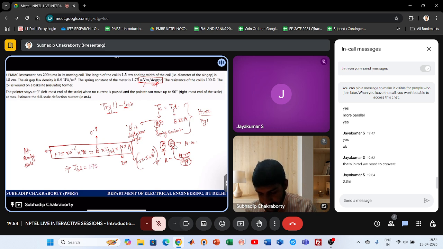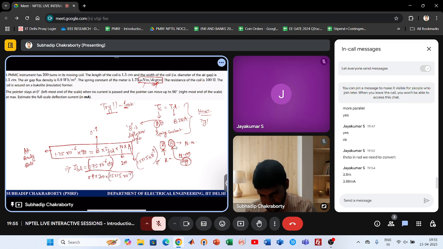So it should come as divided by 0.9 multiplied by 200 multiplied by 1.5 into 1.5. So what is it coming?